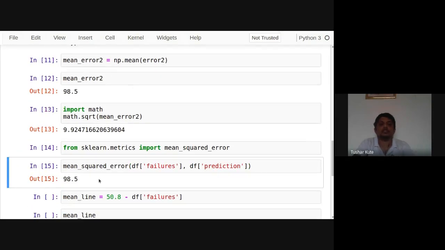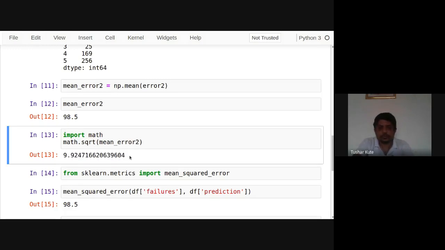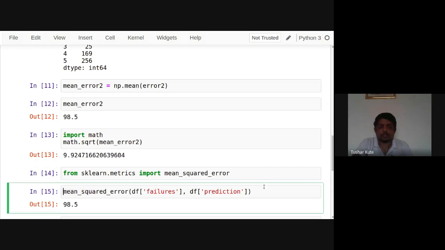That's what we got here. And if you find the square root of it, it will become 9.9. If you write math.sqrt for this number, we will have 9.9. So this second method is used for regression analysis, to find the root mean squared error over here.